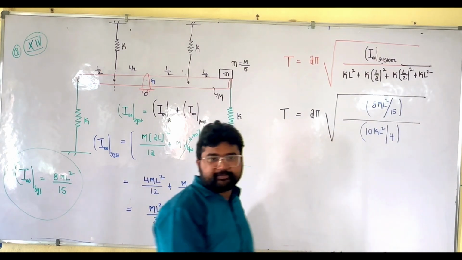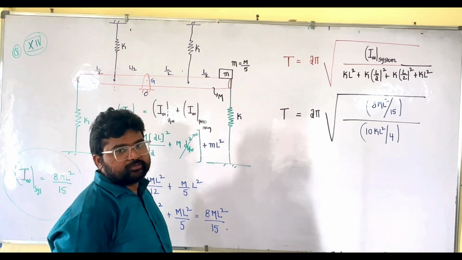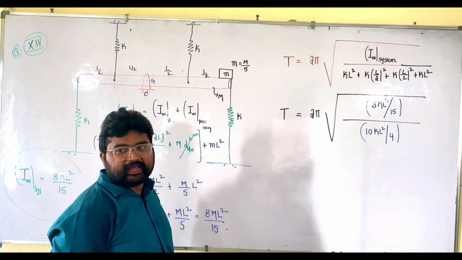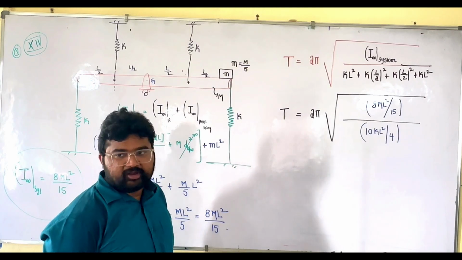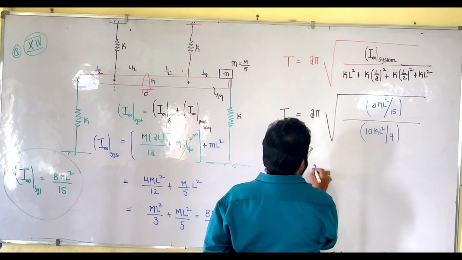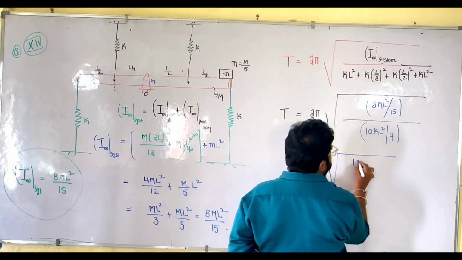Are you getting the same? 2 times of 4, 5, 10. Denominator 4. 5 kl square by 2.